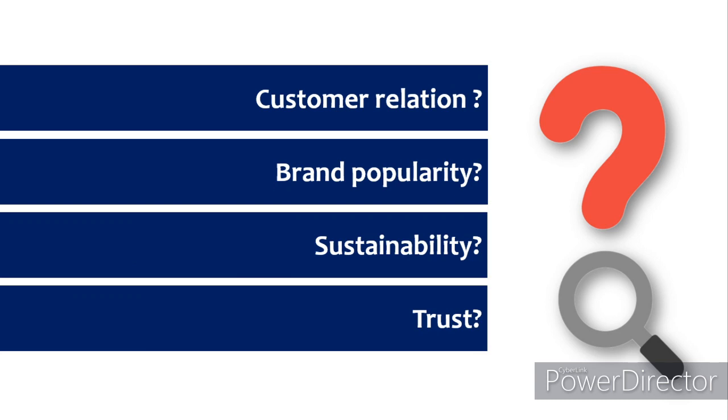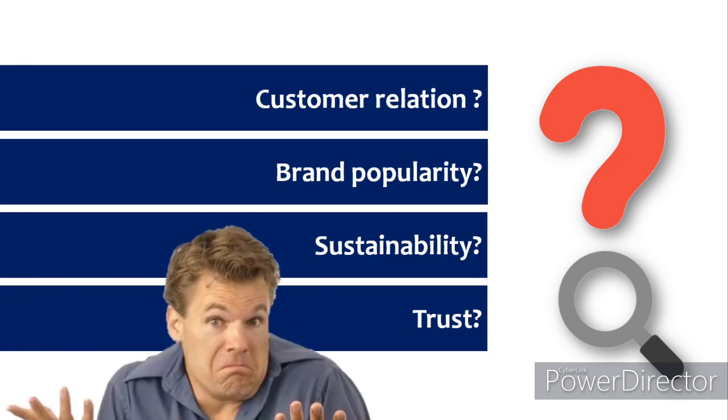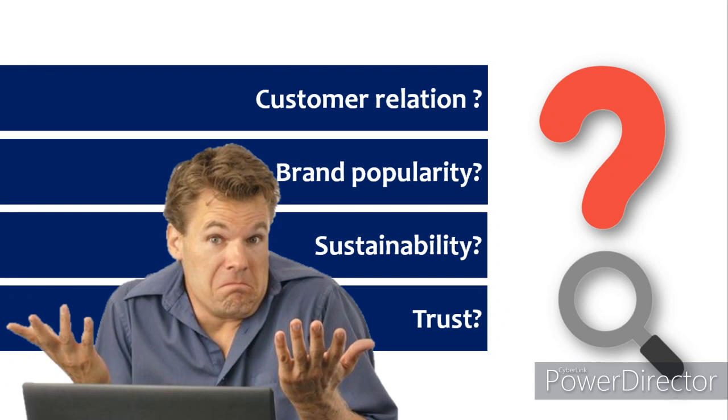Let's say you have the customer relation, the brand popularity, sustainability, and also the trust that your company has, and you want to declare a goodwill based on these items. Now the question is, which one is the source of your goodwill? Is it the customer relation? Is it the trust? Let's say it is the customer relation. Our relationship with the customer makes our company more profitable.